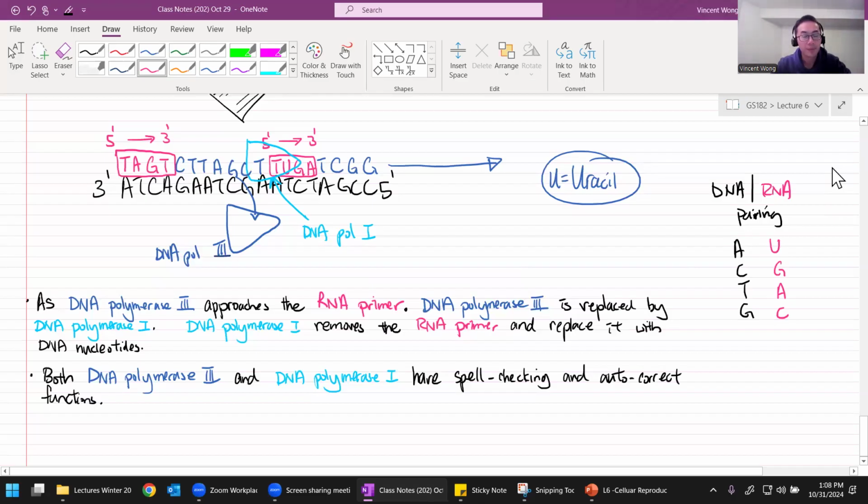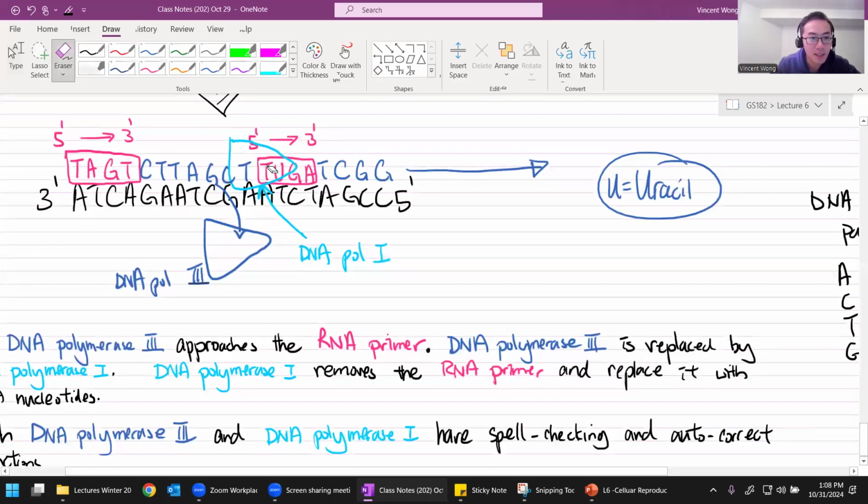Yes, and it seems like for one of the nucleotides in the example... Oh yeah, I made a mistake, right? Here? Oh yeah. I totally made a mistake. I'm so sorry, guys. Thank you for pointing out. This is U and this is A. Yeah. And over here as well. That is U and that is A. Thank you.